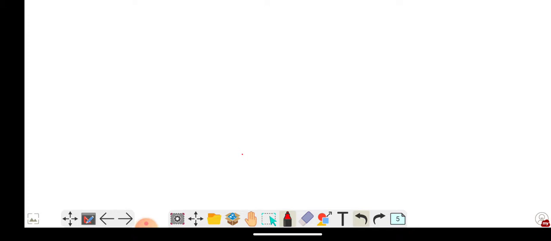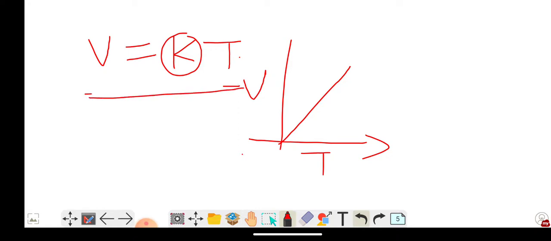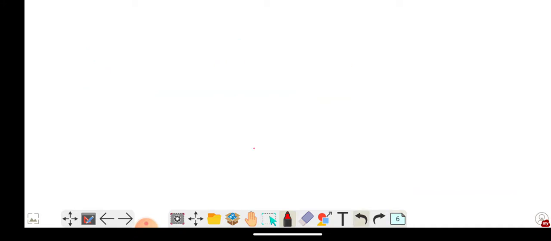So V is equal to K into T, where K is a constant. The plot of V versus T is a straight line with intercept 0. So this is the V versus T plot.